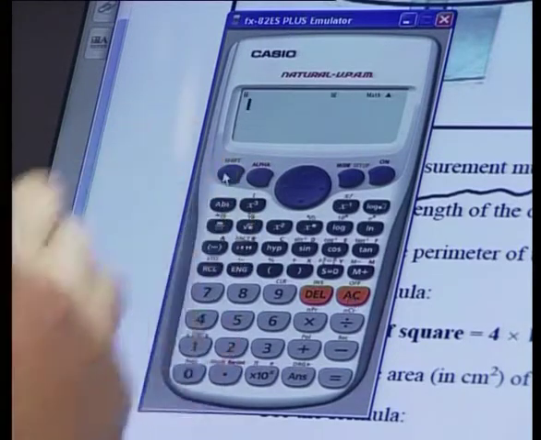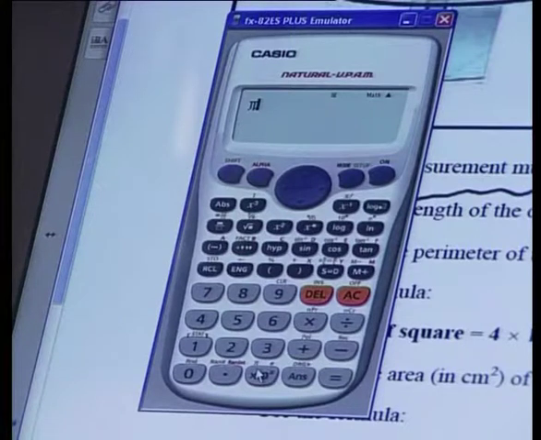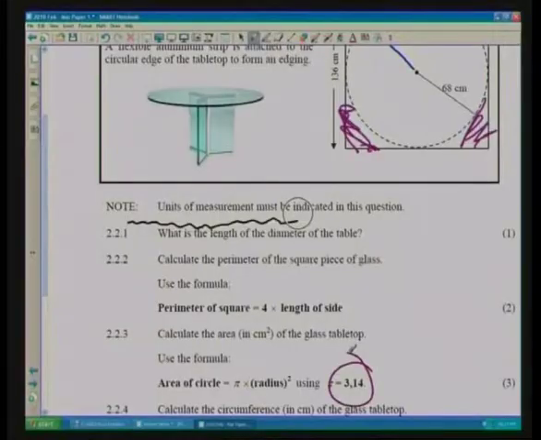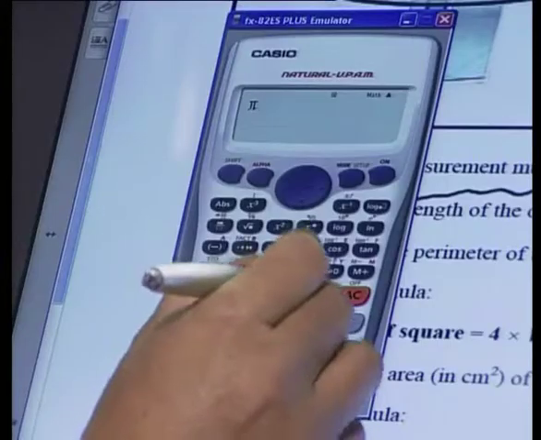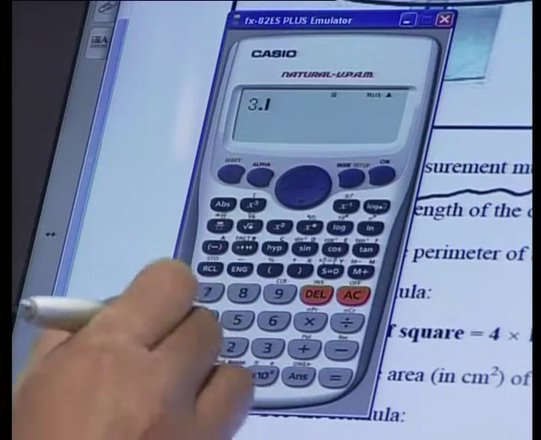So if I push shift pi on my calculator, it shows me pi. But my question says, no. You're not using pi. Why? Because some people don't have pi on their calculator. They've got a very basic calculator. So to make sure we all use the same value, let's use this value, 3,14.